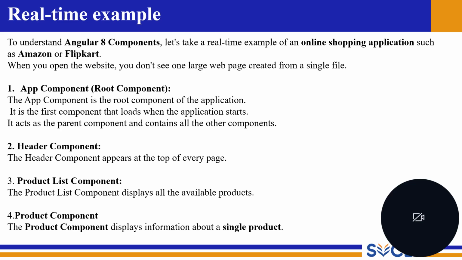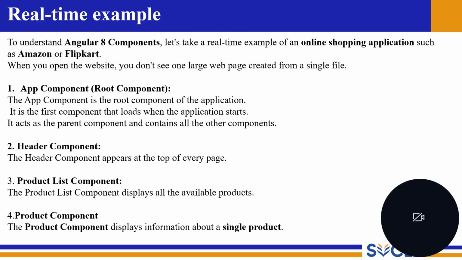The first one is app component. It is also called the root component. The app component is the root component of the application. It is the first component that loads when the application starts. It acts as a parent component and contains all the other components.